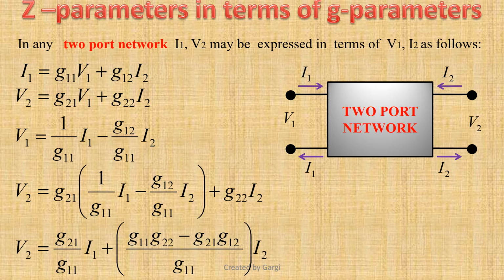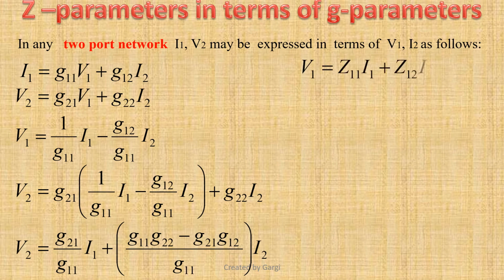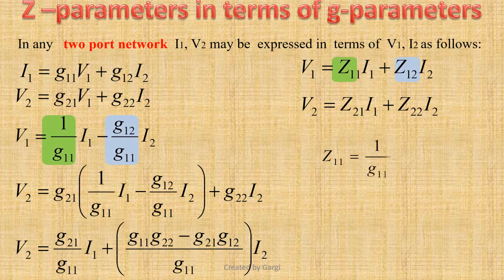When we describe a two-port network using Z parameters, the linear equations used are V1 equals Z11 I1 plus Z12 I2 and V2 equals Z21 I1 plus Z22 I2. Comparing the expressions for V1, we get Z11 equals 1 upon G11 and Z12 equals minus G12 by G11.